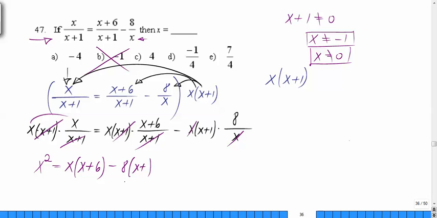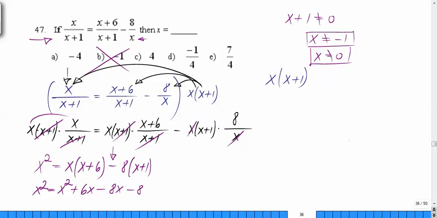Let's simplify this again. X squared equals x times x plus 6, which will be x times x, which is x squared, plus x times 6, which is 6x, minus 8 distributed to everything inside the parentheses, which is 8 times x, which is 8x, minus 8 times 1, which is minus 8. Be very careful here with the sign, right?